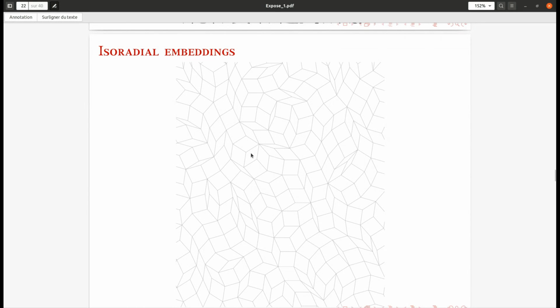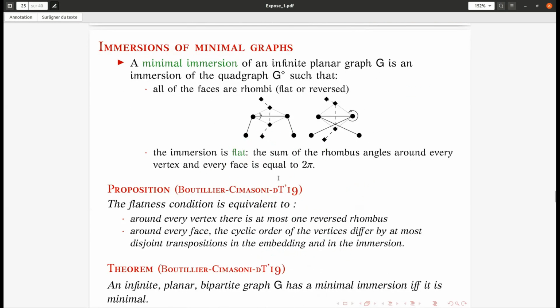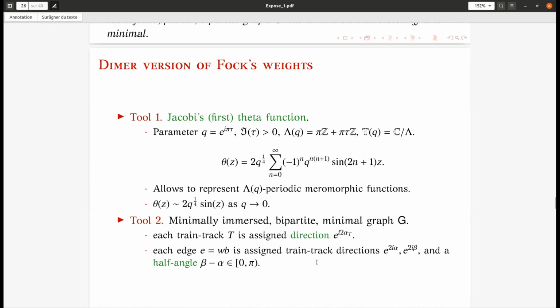And since all these edges have the same length, say 1, this defines a complex vector. So to each train track you can assign a complex vector corresponding to the parallel direction. And each edge is assigned a rhombus, as you will see in the next slide, so it will naturally have two parallel directions and a half angle beta minus alpha. So this information really comes from the immersion of the graph. You really use how you draw your graph in the plane.